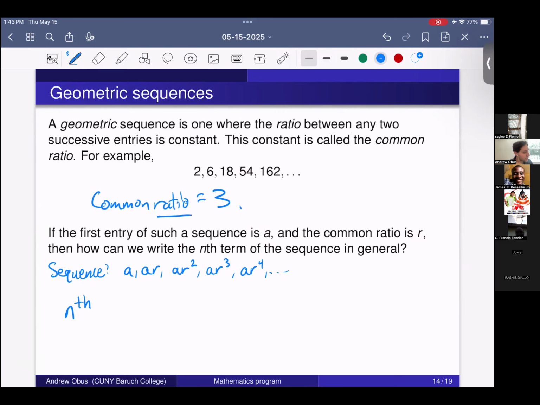So the nth term, a_n, is what? The first term is just a, the second term is ar, the third term is ar squared, the fourth term is ar cubed, the fifth term is ar to the fourth. So we see that r gets raised to an exponent that's 1 less than the number of the term, right? The sixth term will be ar to the fifth. The seventh term will be ar to the sixth. So the general formula we have here is a times r to the n minus 1.